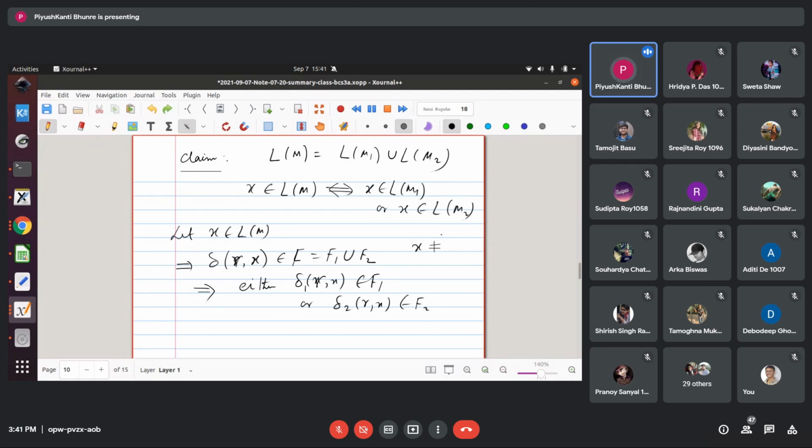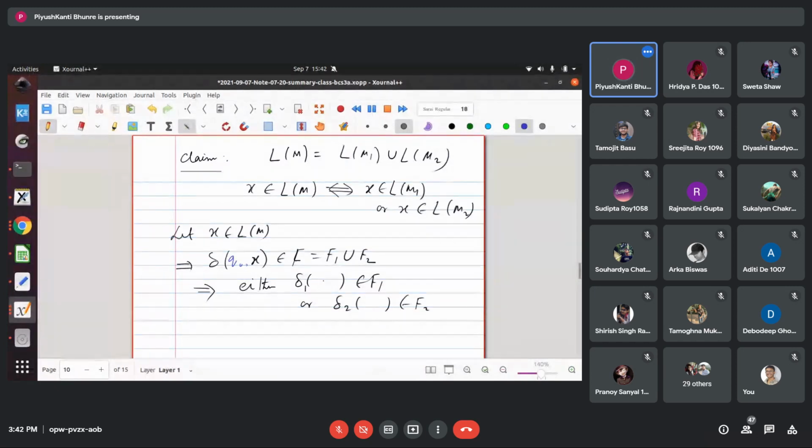In fact, you don't have to assume anything here. I think we have to consider this not R here; it should be Q0, the start state, right?